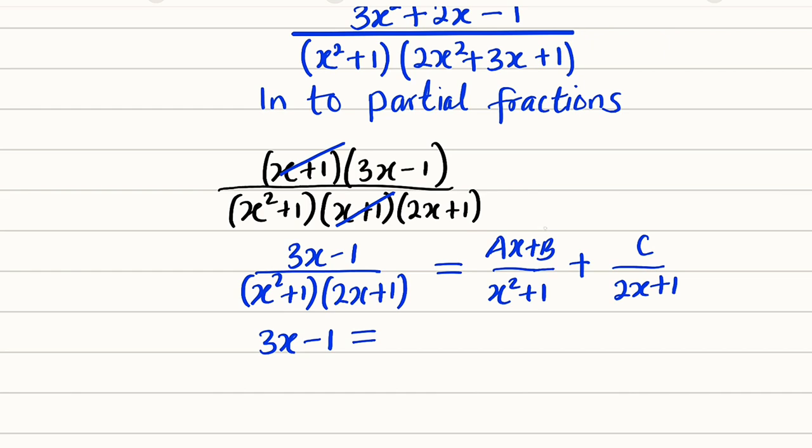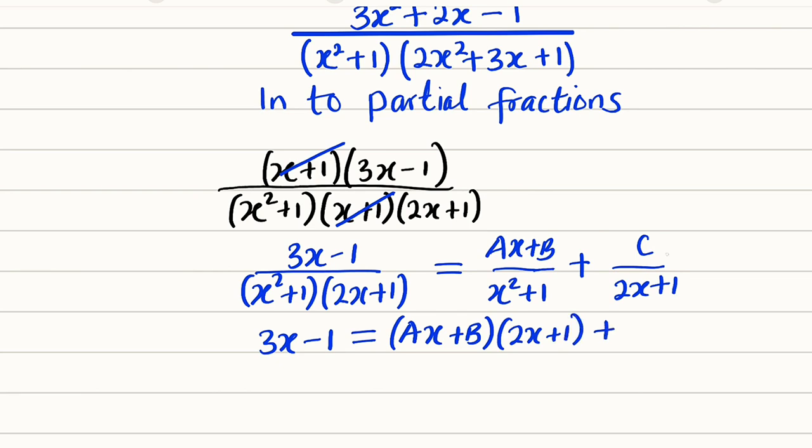And to the right, we have this multiplied by these two factors. x squared plus 1 will cancel x squared plus 1, leaving only 2x plus 1 multiplied by ax plus b. So we have ax plus b multiplied by 2x plus 1.